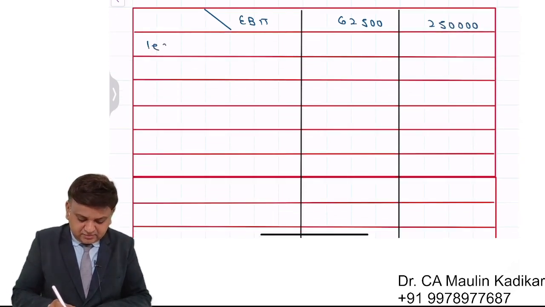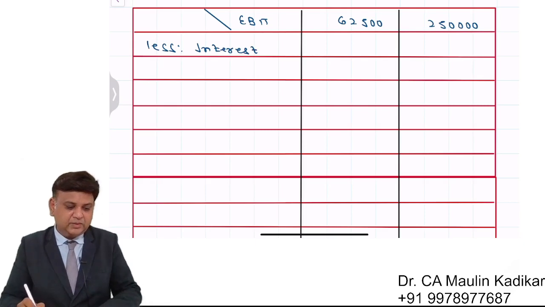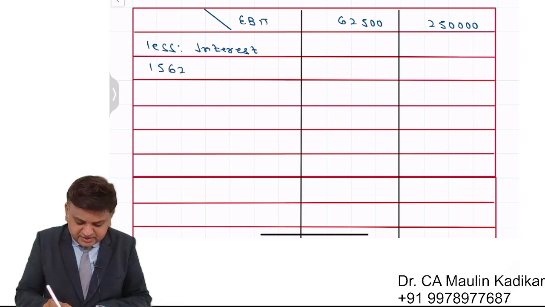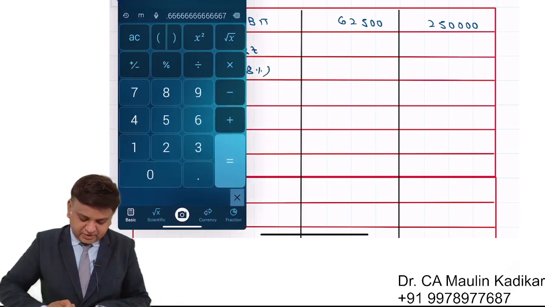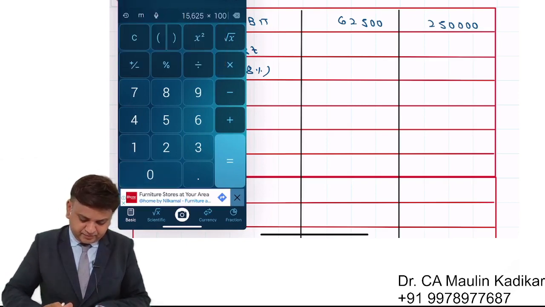Less interest. The question provides the information that we are going to issue 15,625 debentures having face value of 100 and the rate of interest is 8%. So 15,625 into 100 into 8%.